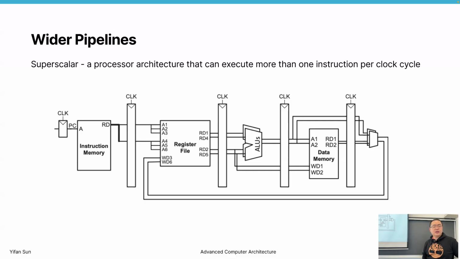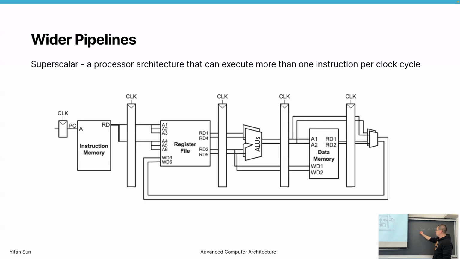So sometimes we can quickly describe a core to be, say, something like a 6-issue, 25-stage core.